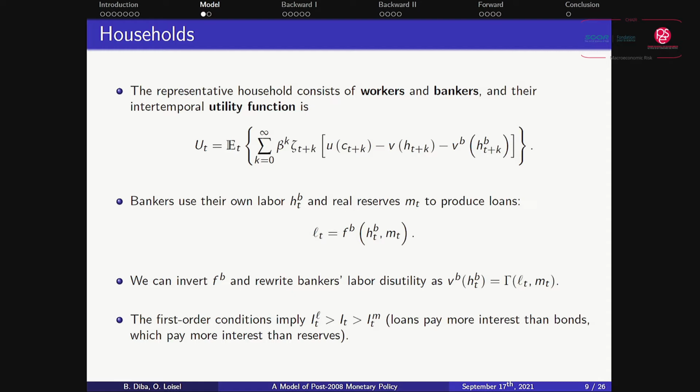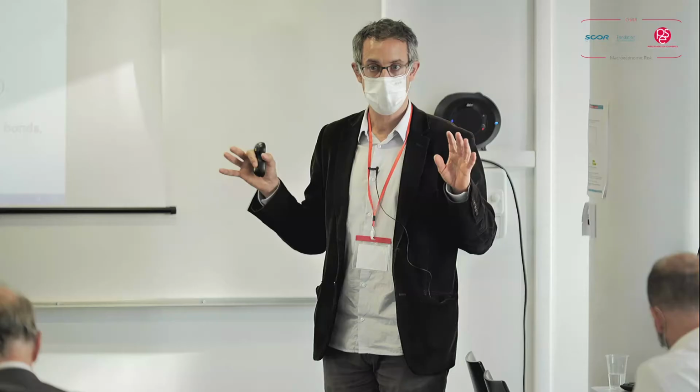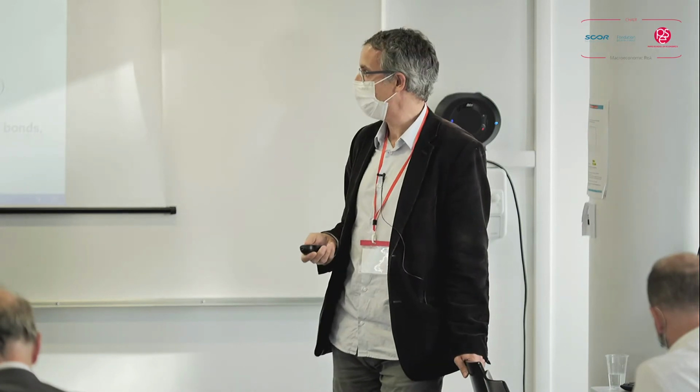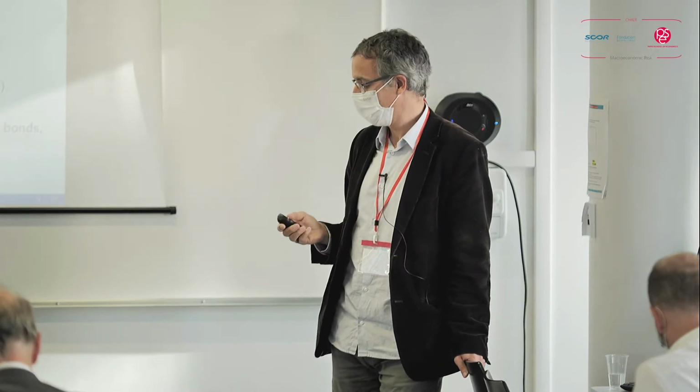In reality, reserves may be useful for banks to manage the liquidity of their own portfolio. Here, we try to capture that with this function, but because this is a shortcut, we want to impose as few assumptions as possible on the FB function. So we don't consider any specific functional form. We just make standard assumptions about the function.